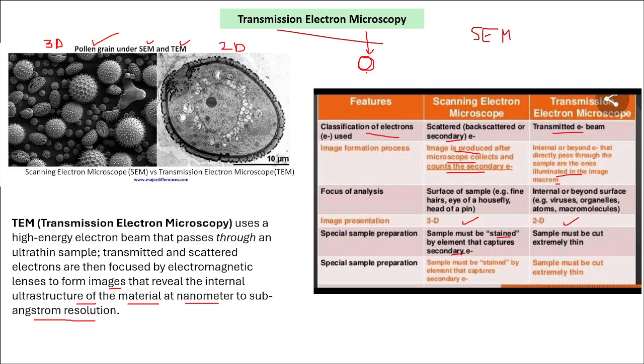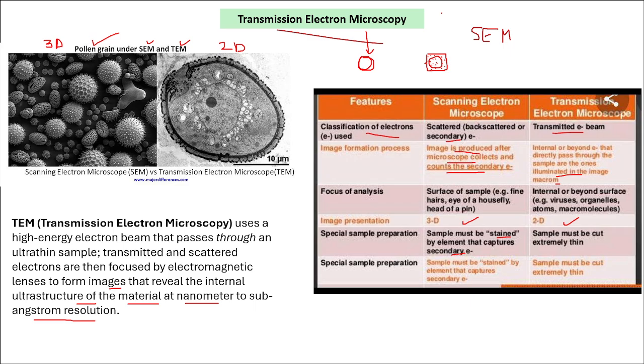So for this, suppose this is your glass slide on which you have your sample drop casted. Before putting this sample into the instrument, you sputter coat it. There is a sputter coater, and you put this glass slide with your sample in that sputter coater, and it will coat gold on it.